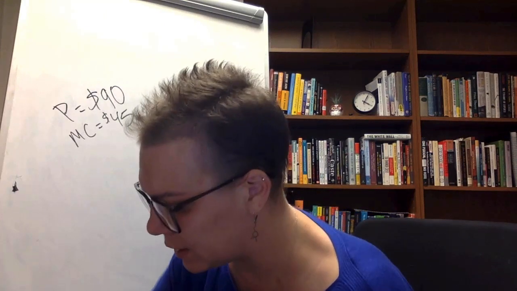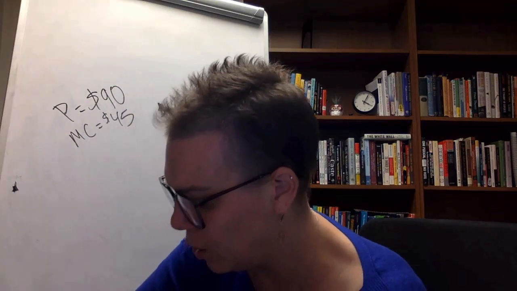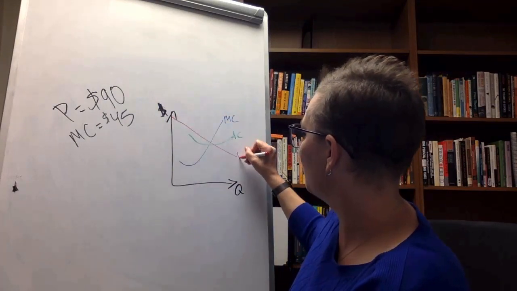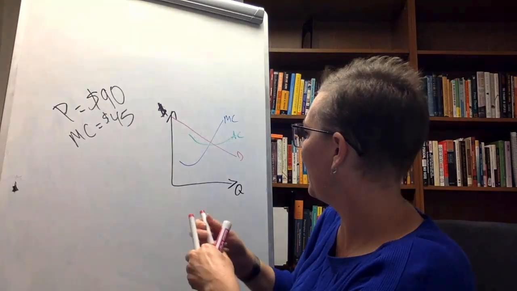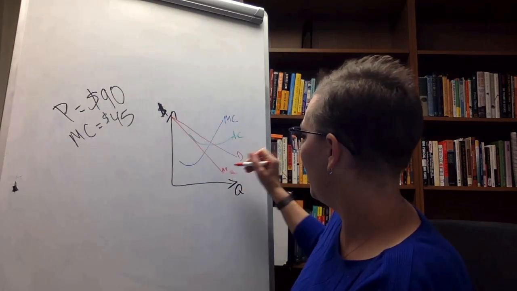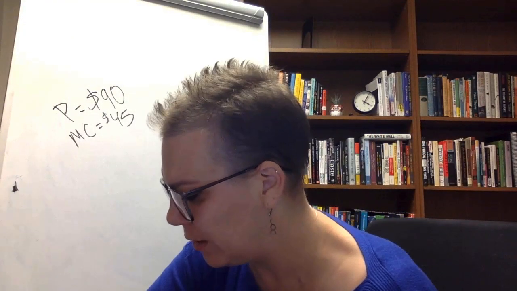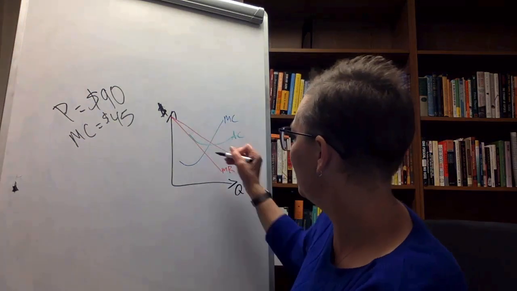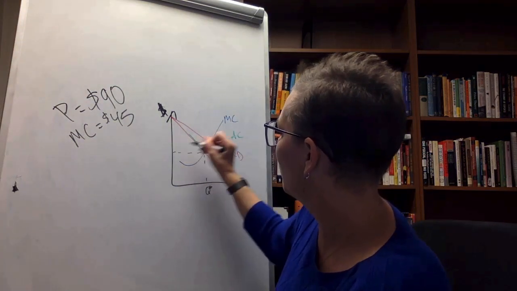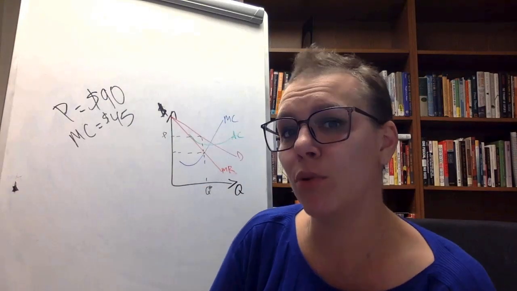The difference is, and I know I've been saying this over and over again, that in a monopoly, the monopolist sees that downward sloping demand curve and gets a downward sloping marginal revenue curve. And so the size of the markup is going to be a function of how different price is from that marginal cost point.